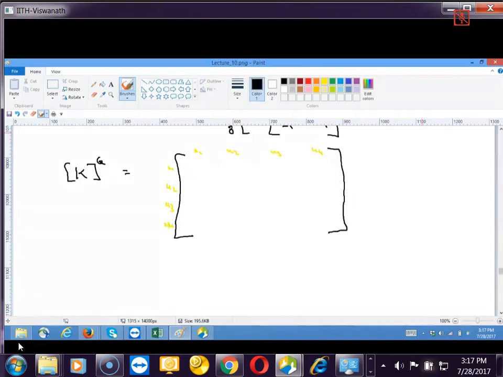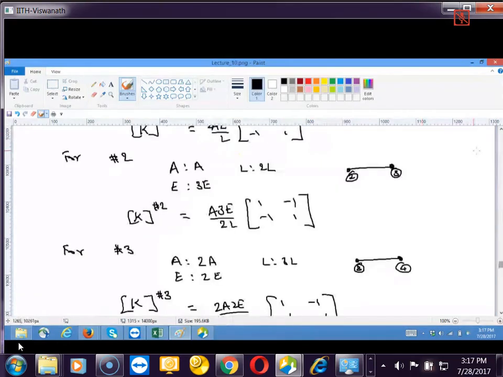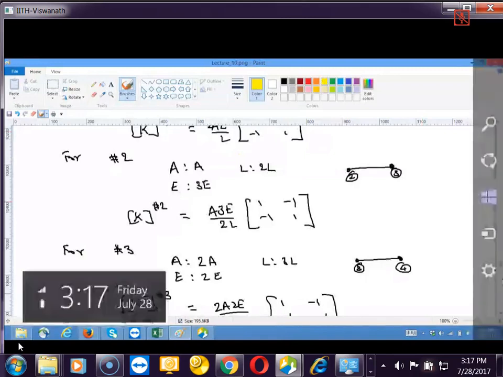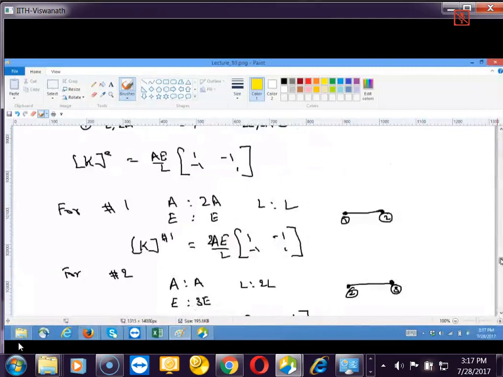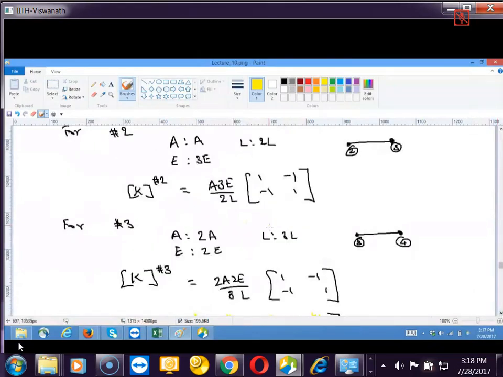Similarly I can write here for guidance: earlier this is with u1, u2. Similarly the contribution here is u2, u3. Here it is u3, u4.